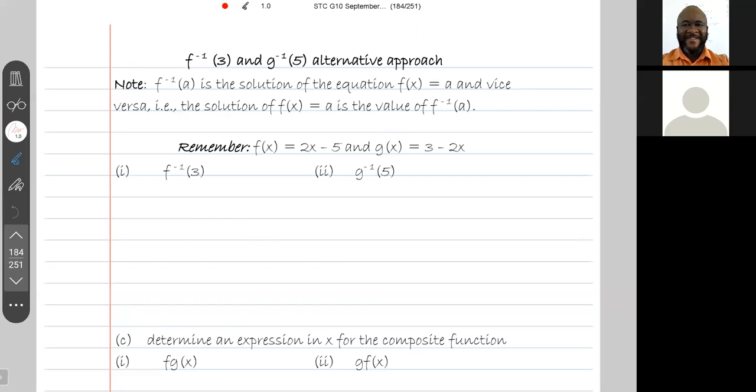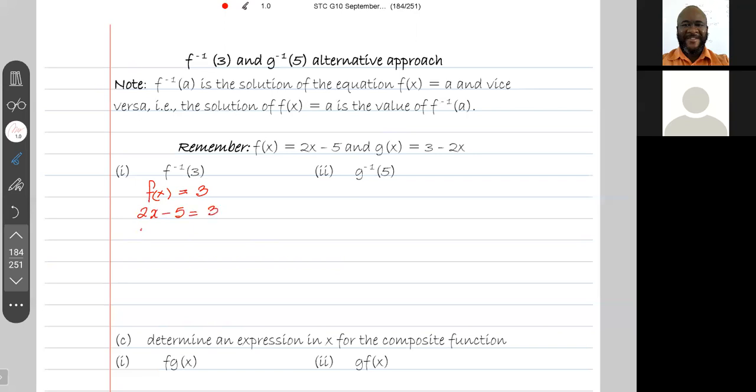All right, so remember f of x is equal to 2x minus 5, and I want to find f inverse of 3. If I wish to find f inverse of 3, I'm going to solve the equation f of x is equal to 3. Now f of x is 2x minus 5, and this is equal to 3.